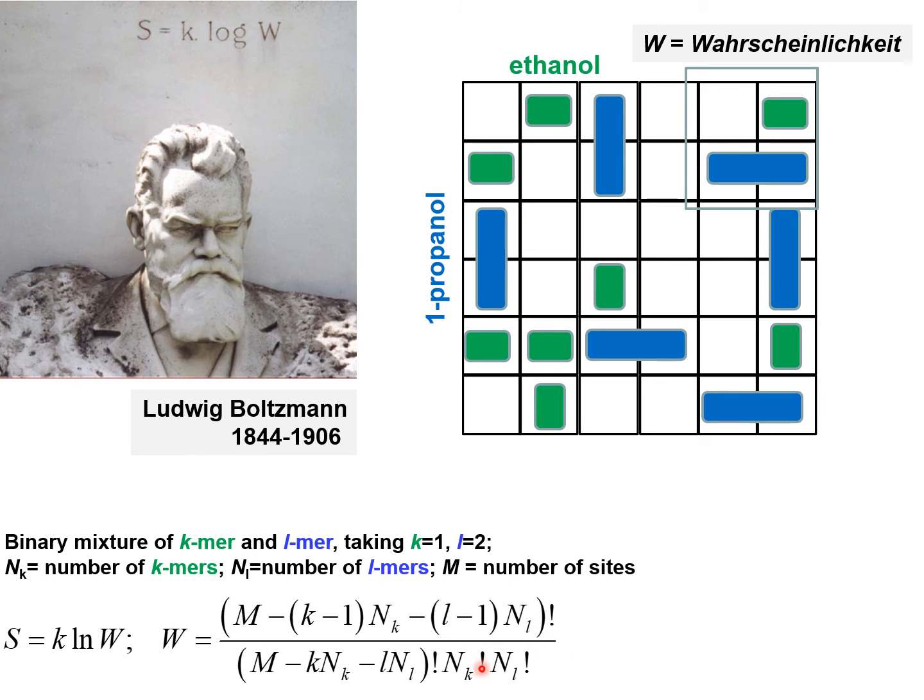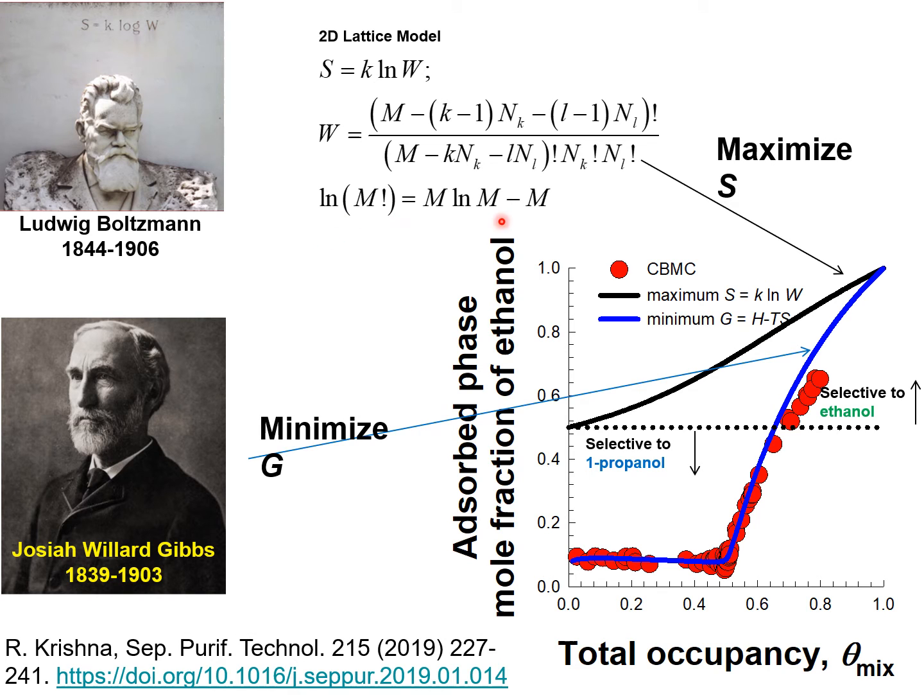The factorials can be determined using the Stirling approximation. This is the expression of the Stirling approximation to determine the factorials, and S is k ln W can be determined for the ethanol 1-propanol mixture.